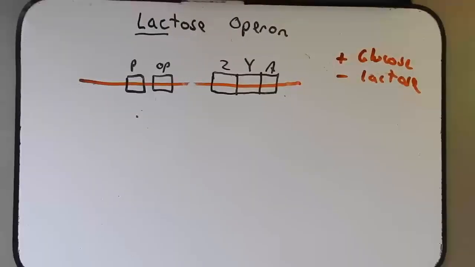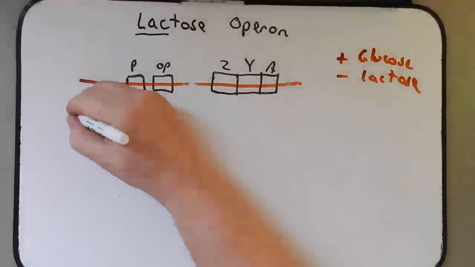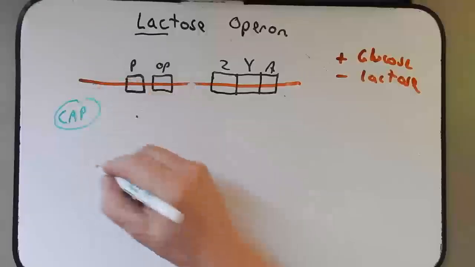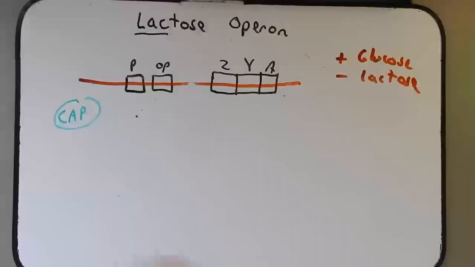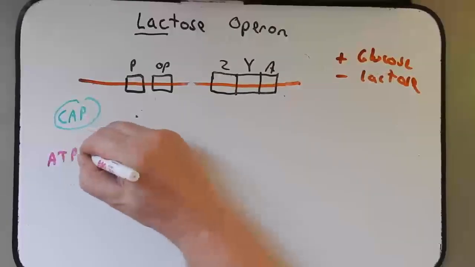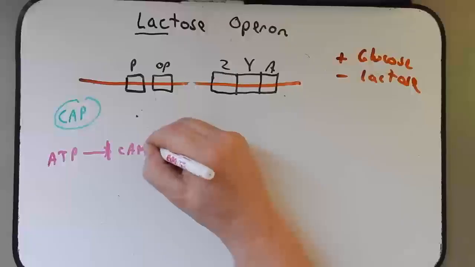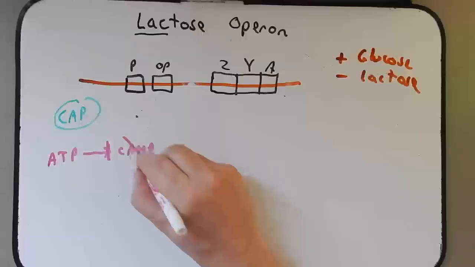If glucose is in the cell, that means CAP, our activator, will not be bound. And remember, it's not bound because ATP cannot be converted into cyclic AMP because glucose prevents this from happening.